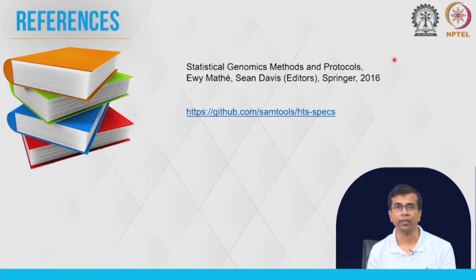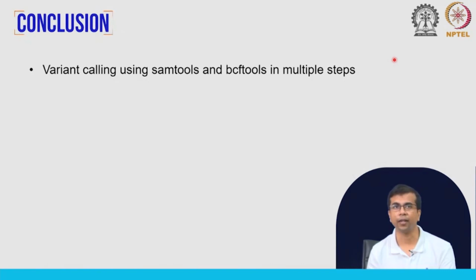So, here are the references that we have used for this class. To summarize, we have talked about variant calling using SAM tools and VCF tools in multiple steps. We have talked about the hands on that we have done, and we have mentioned the steps and the commands that we utilized.